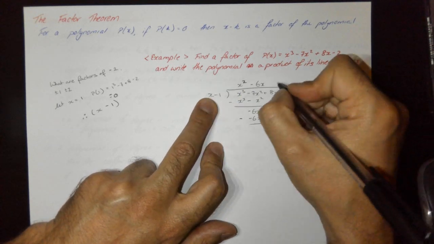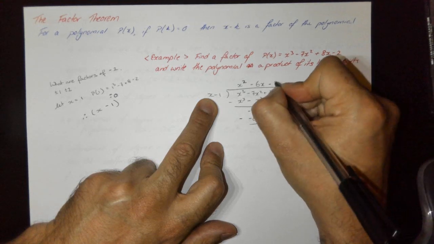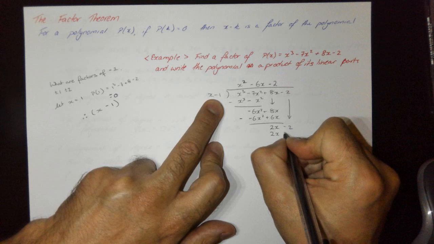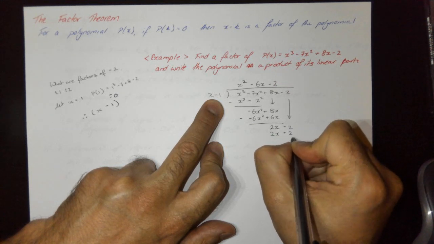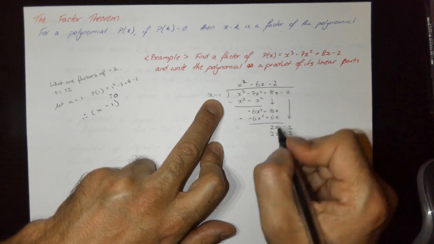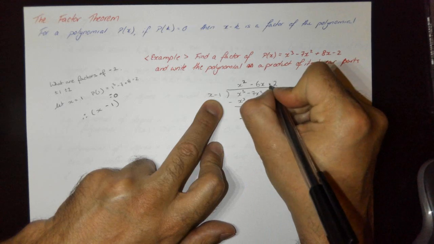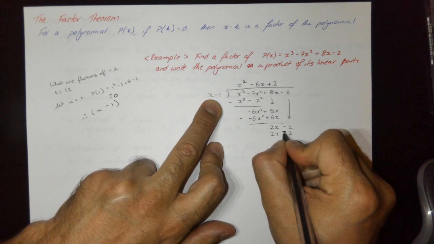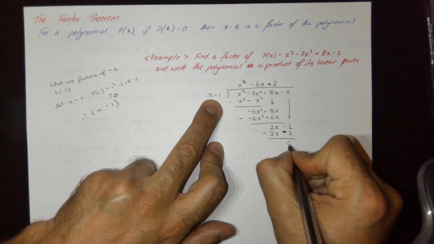Minus 2, we get 2x minus 2, which gives me 0.